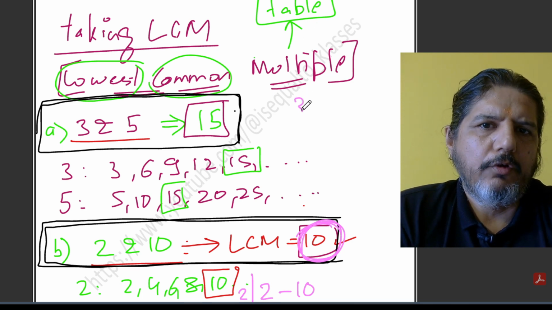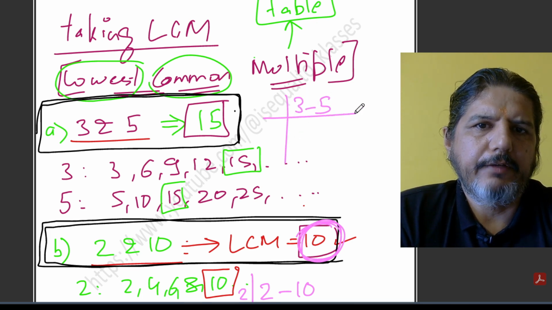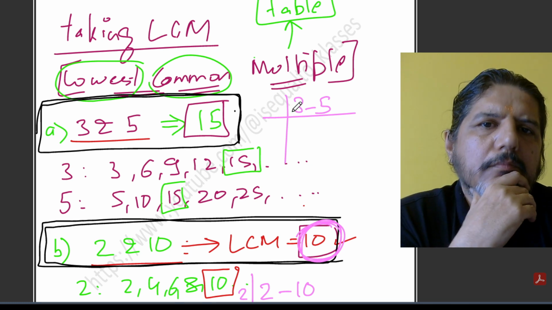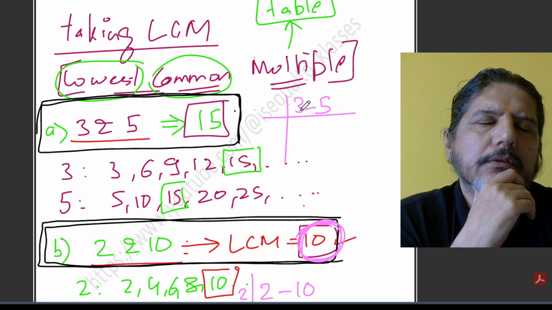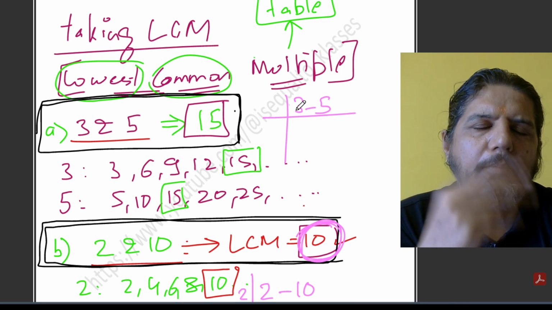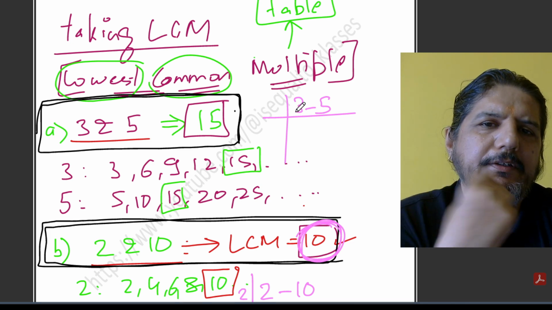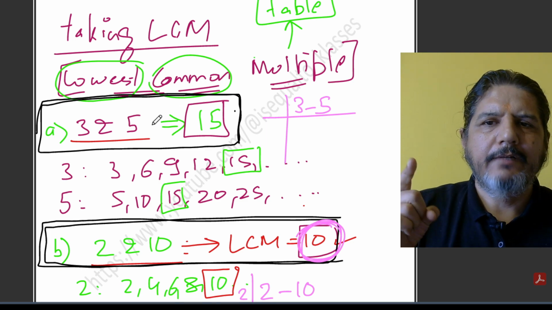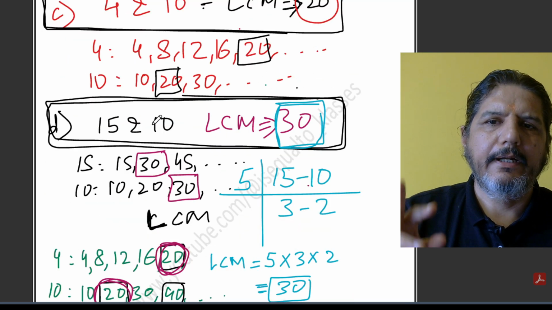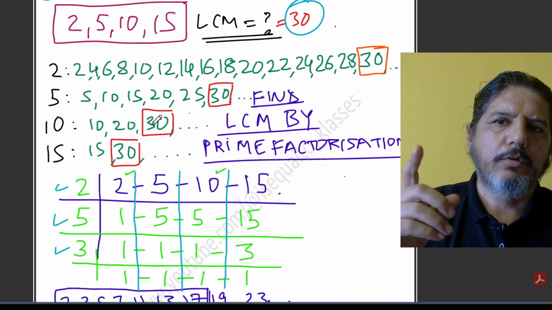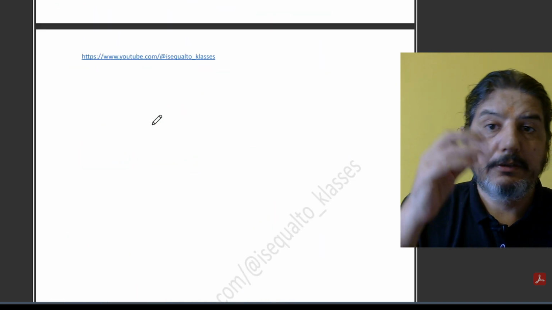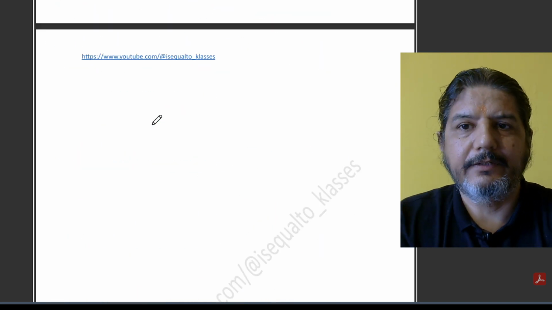Otherwise, if we follow the tabular method, for 3 and 5 there is no common prime factor. So I just have to multiply, so my answer would be 15. So we have found the LCM of 3 and 5, 2 and 10, 4 and 10, 15 and 10. Then we took a 4 digit number and found the LCM. I'll mention a few practice questions in the PDF also. You can practice that also.